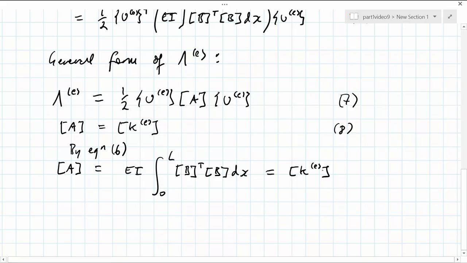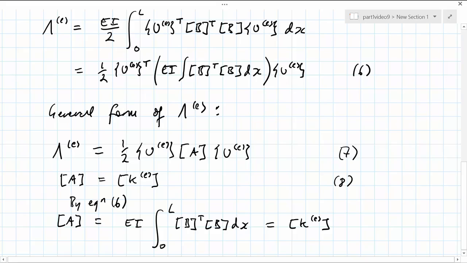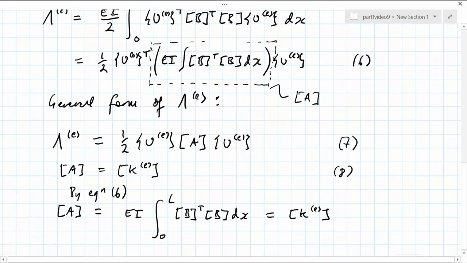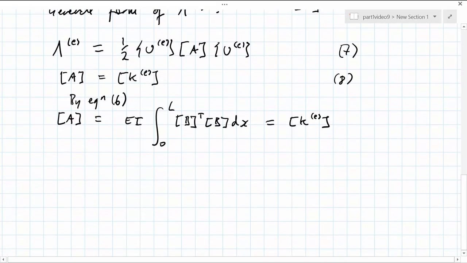You can clearly see in equation 6 that although this features an integral sign and some constants, we have two matrices which form a square matrix because there's the transpose of a matrix times a matrix, and this is essentially equivalent to our matrix A. We can clearly now see that matrix A is in fact the stiffness matrix.